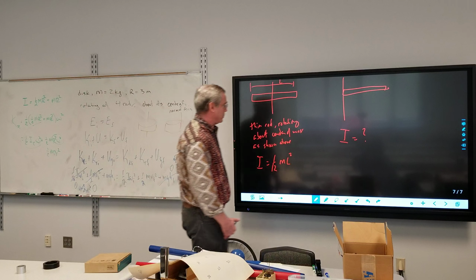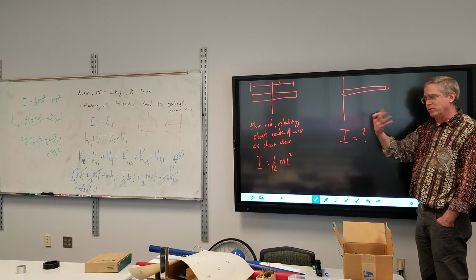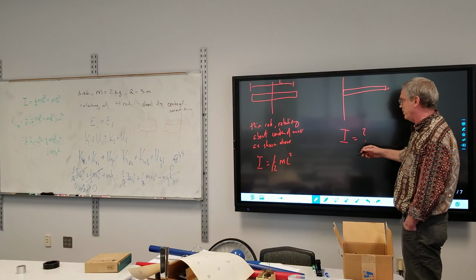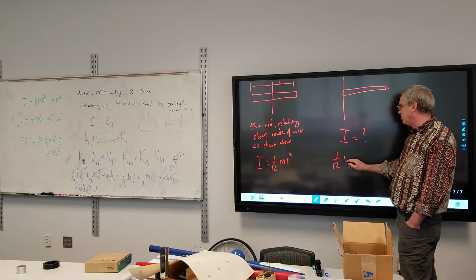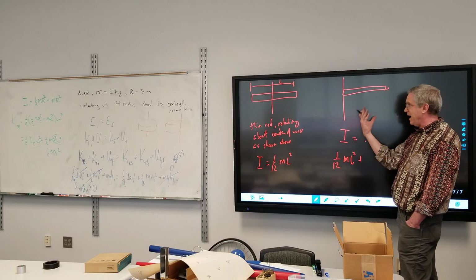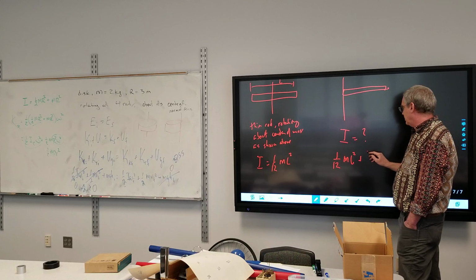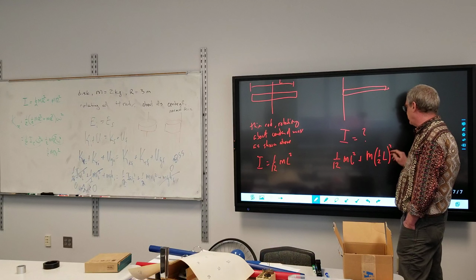You don't have to reduce it, but when you see this in the textbooks, they list it as 1/3 instead of 4/12. All right, so we got about the center of mass 1/12 mL squared, plus we're shifting the axis half the length. So m times how far we shifted, which is (1/2 L) squared.